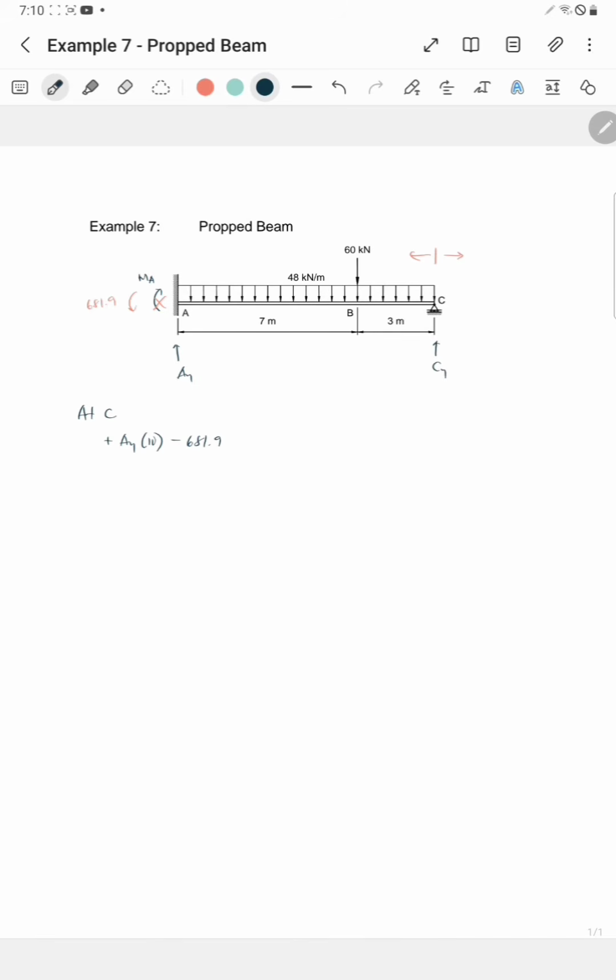Due to the concentrated load downward, negative 60 times 3. And due to the distributed load downward, negative, so the load is 48 times 10 and the lever arm is 5. Then equal to the moment at right of C, which is 0. So that AY is equal to positive 326.19. Positive means tamang assumption upward.